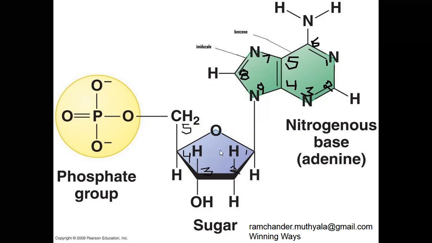If oxygen is present on the second carbon of the sugar molecule, it is called ribosugar. See here, oxygen is absent on the second carbon of the sugar molecule. Each sugar molecule shows a pentose ring-like structure containing 5 carbon atoms: first, second, third, fourth, and fifth carbon atoms.